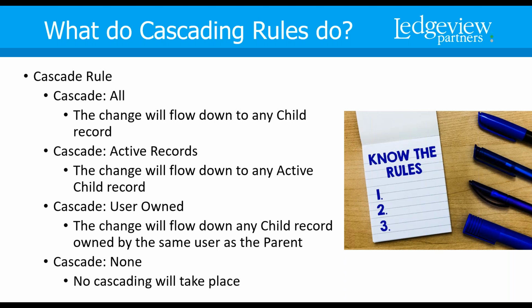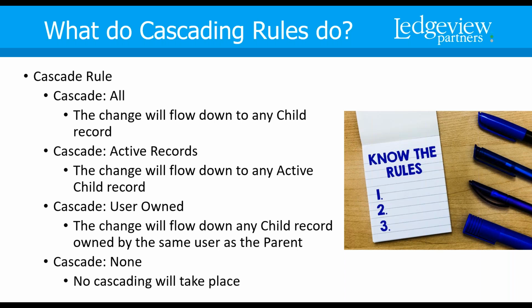These are common questions that admins will see from their users when it comes to an assignment change and the effects of them. To avoid these kinds of issues, I would set the cascade rule to active records. Okay, that means the change is only going to happen on active child records, so ones that are open.